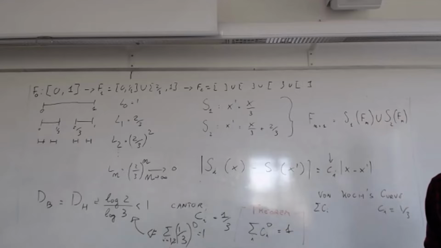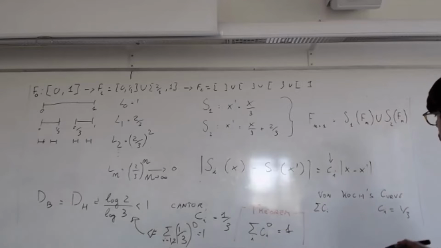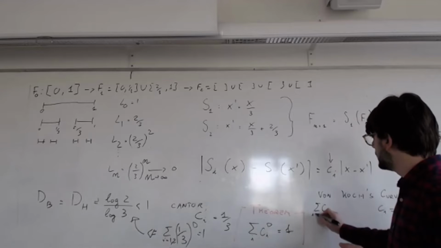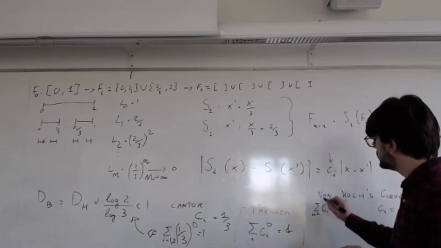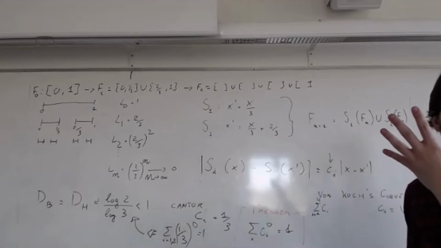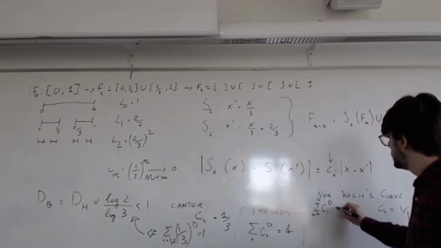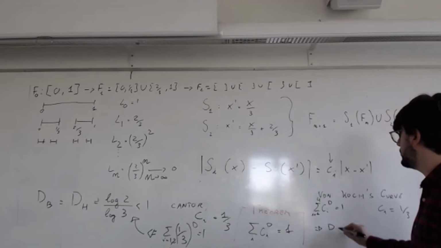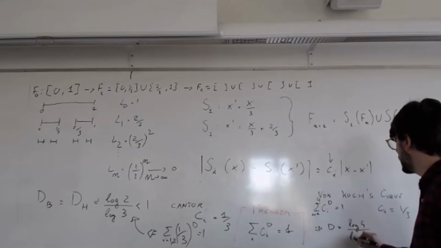This is not for all fractals, it's just 2 very similar examples. So the CIs are still equal to 1/3, but now the I goes from 1 to 4. So I have 4 pieces. So it follows that the dimension calculated in this way will be logarithm of 4 divided by logarithm of 3.